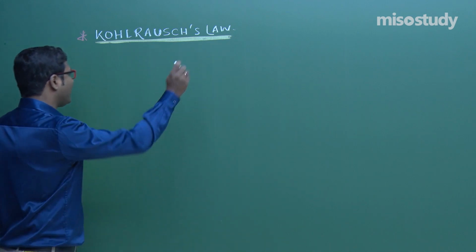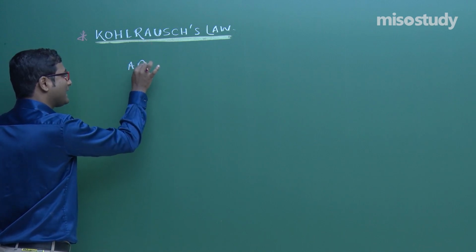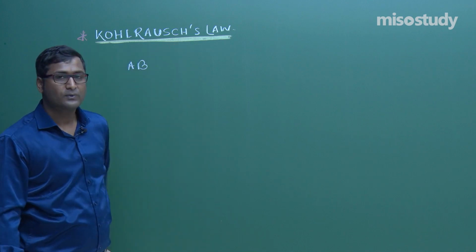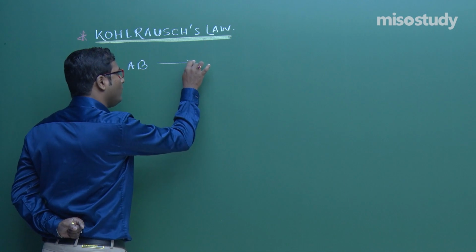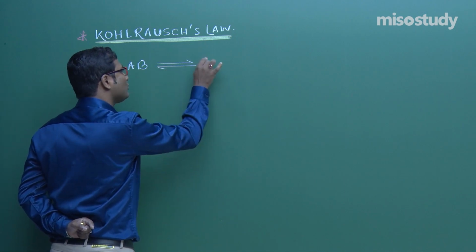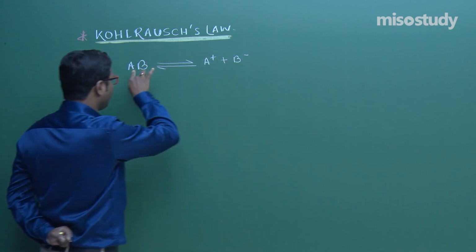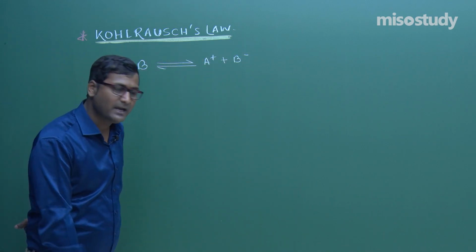As we know, at infinite dilution, suppose there is an electrolyte AB. Listen carefully to what this law tells. At infinite dilution, as we all know, the electrolyte dissociates completely. That is the ideal concept. Like if I take electrolyte AB, it will dissociate like this, A plus and B minus.